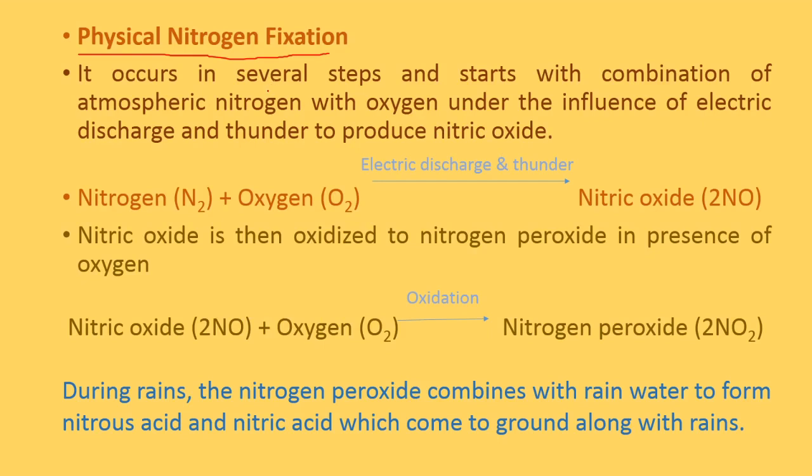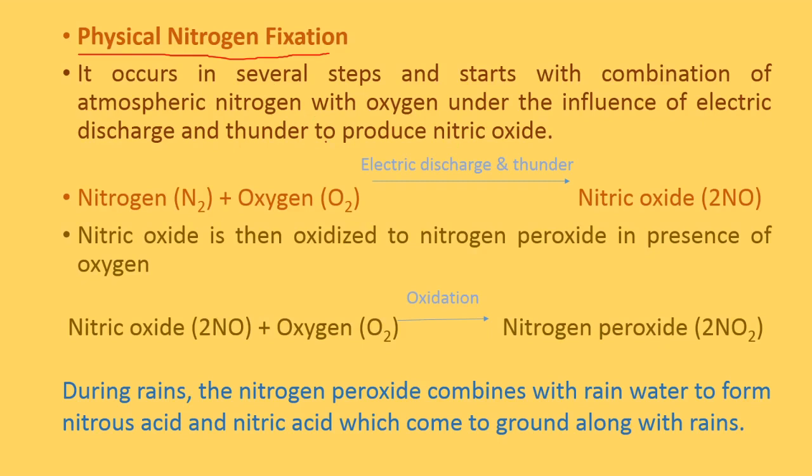In physical nitrogen fixation, as we have seen, a very small quantity of nitrogen gets fixed by this method. It occurs in several steps and starts with the combination of atmospheric nitrogen with oxygen under the influence of electric discharge and thunder to produce nitric oxide.